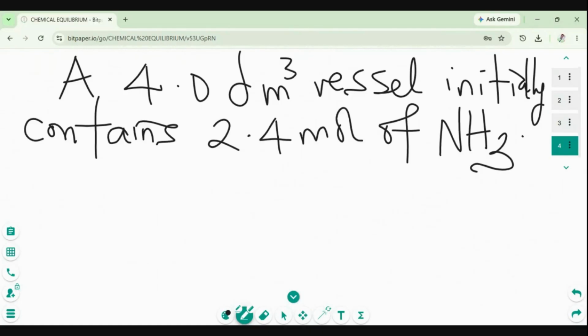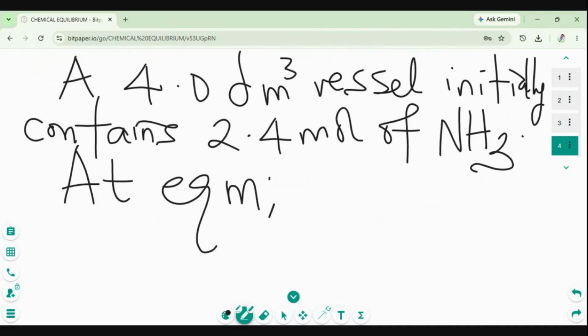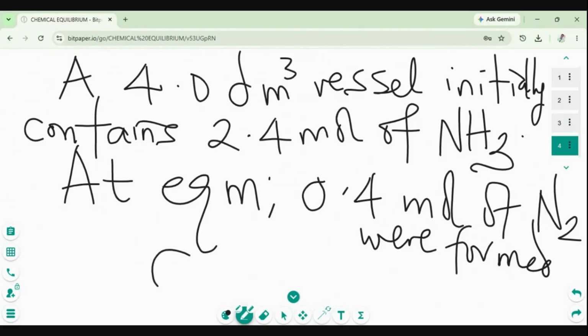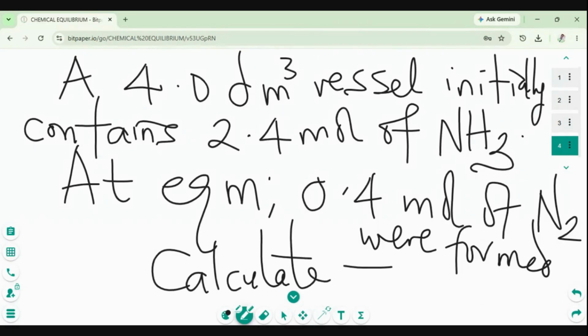And it was found out that at equilibrium, 0.4 moles of nitrogen were formed. And they're telling us to calculate the Kc expression.